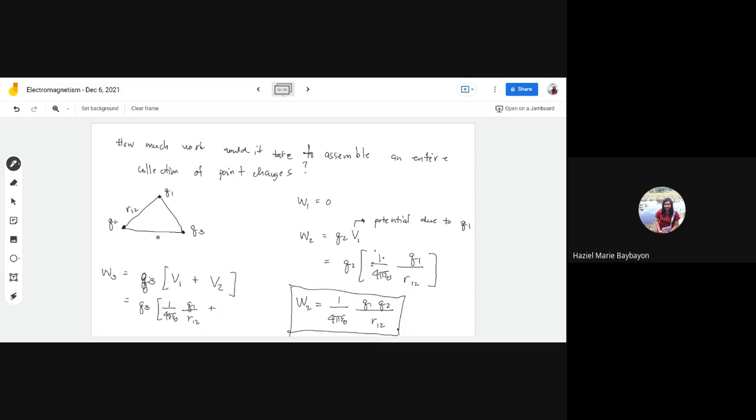And then suppose the distance between Q2 and Q3 is R13. So we have 1 over 4 pi epsilon naught Q2 over R13.